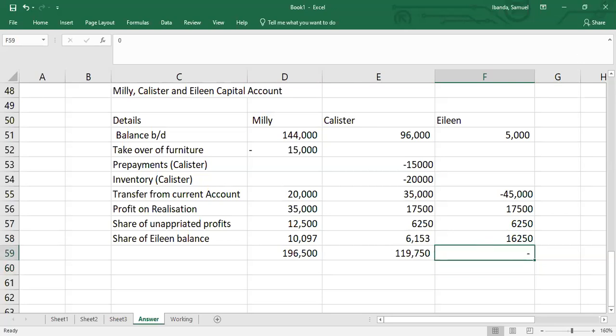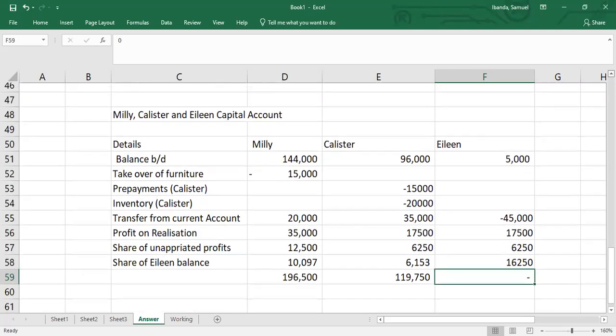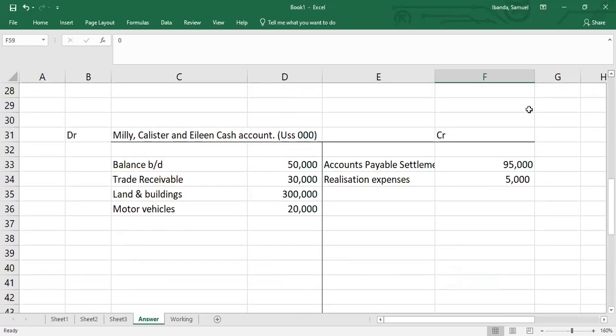So we had our bank account, just to make sure that our bank account is balanced, as you can see, here we had 400,000, and here we had 95. Now let's balance off our bank account here and have our balance carried down right here.